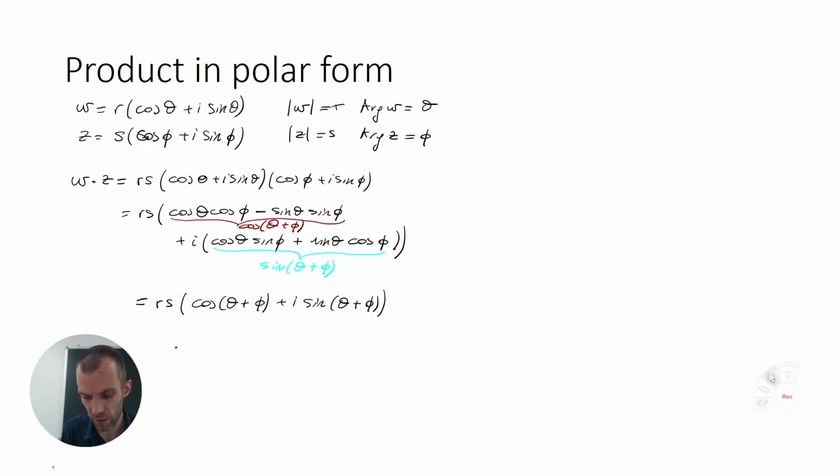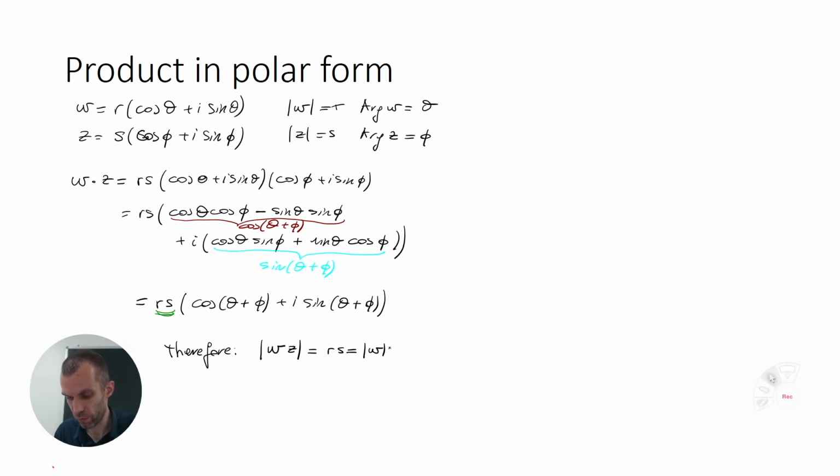if we take the modulus of the product, so the modulus is basically the thing that you get up front here. So that is my r times s, and I get that this is equal to the modulus.